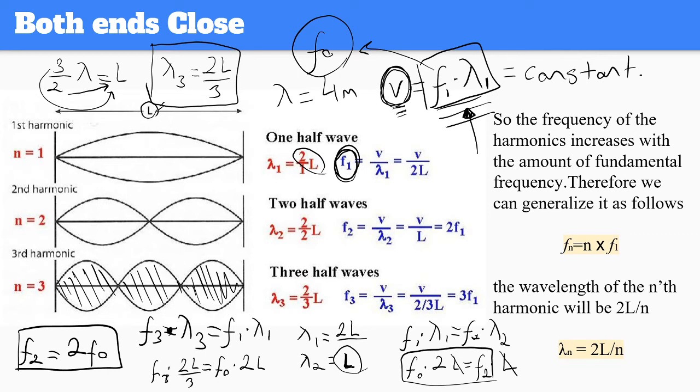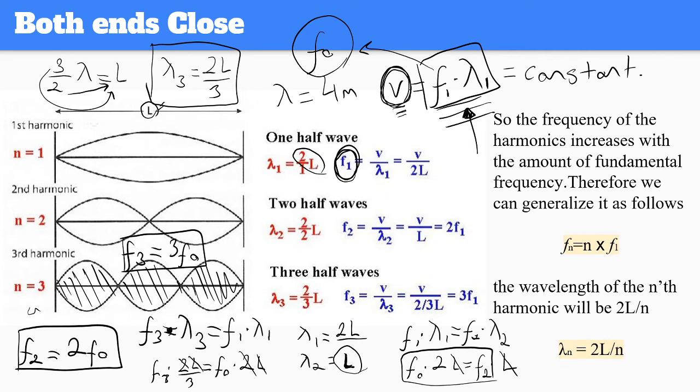So if you do the math, L's will cancel out again, 2's will cancel out. Then what are we going to have? F3 will be equal to 3F0.